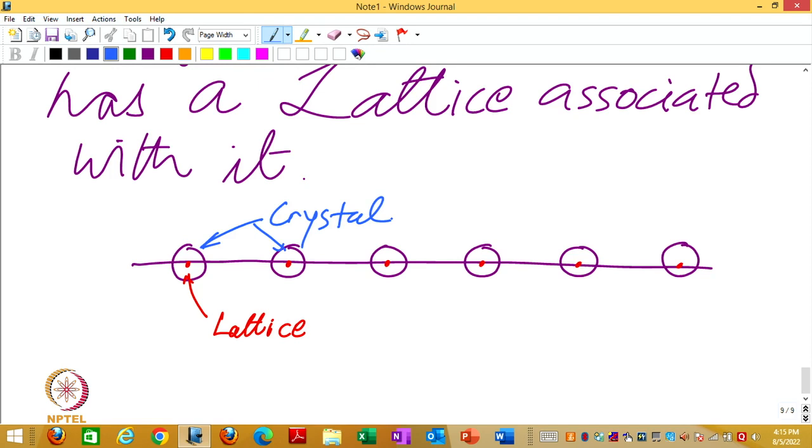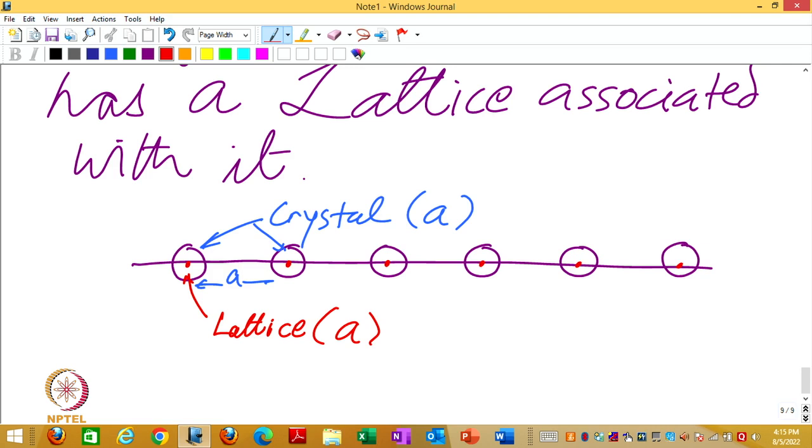But what is the repeat period of the crystal? What is the repeat period of the atoms? A. What is the repeat period of the lattice? Again A. So, they have the same translational periodicity.